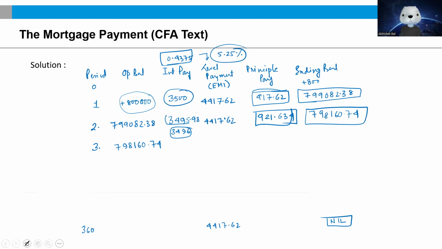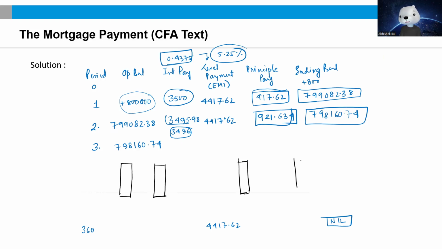So I'm going to illustrate this with some cool graphics, some cool rendition, if you would want. So let's assume that this is my level payment. Okay, so this is my month number 1 level payment. This is my month number 2 level payment. And let's say this is my month number 100 level payment.